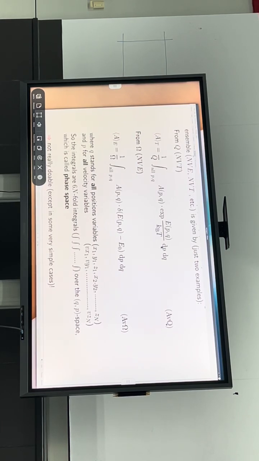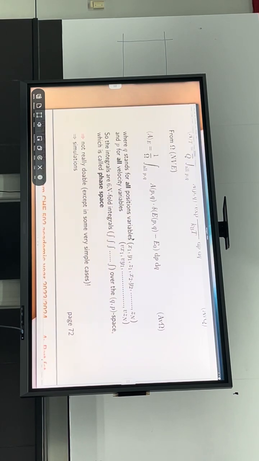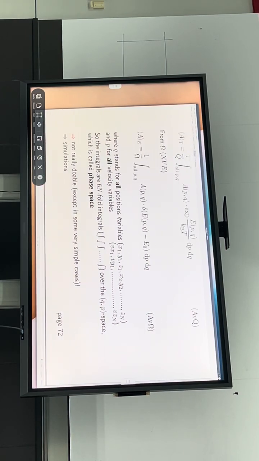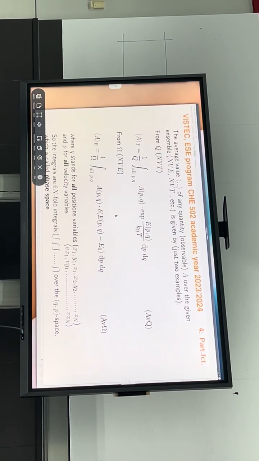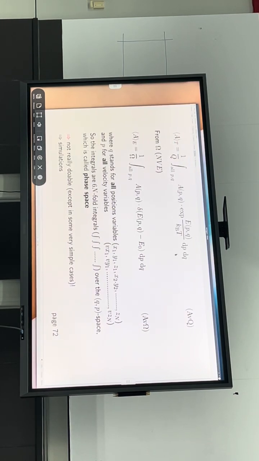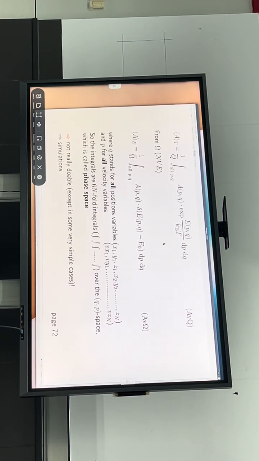Okay, so basically all it boils down to is that we need to know the P's and Q's. We need to know the configurations. And not just one, but many, and preferably the important ones.